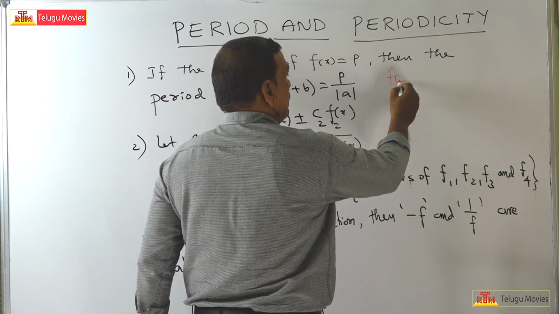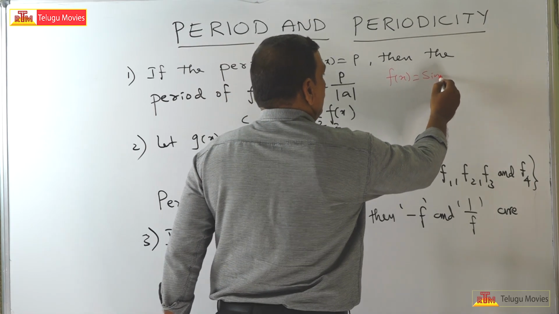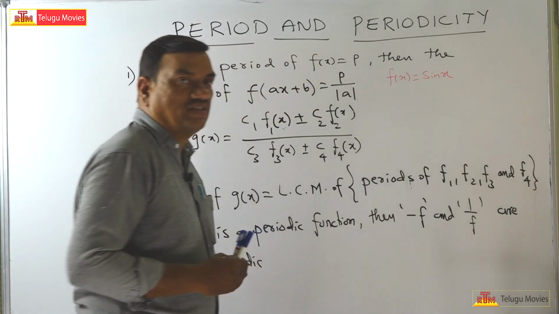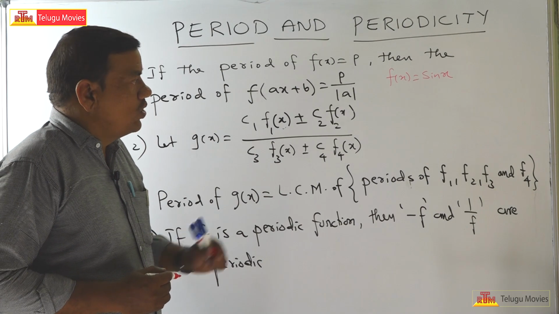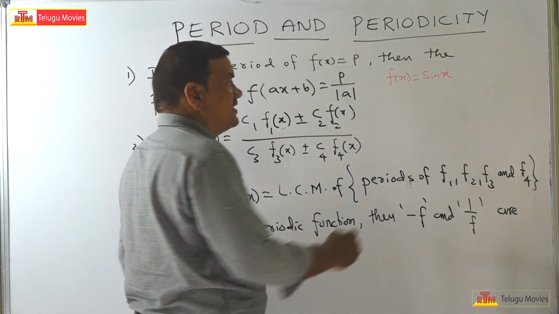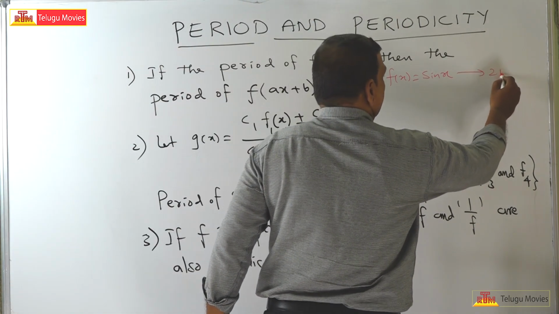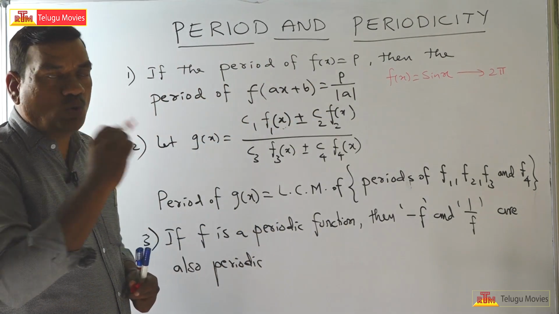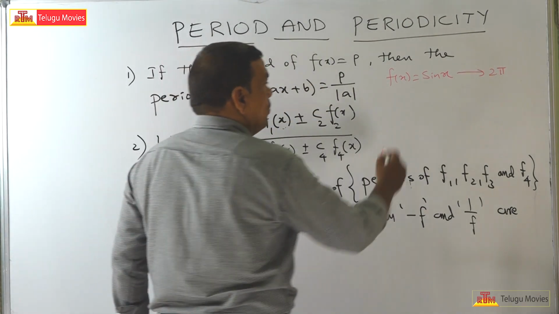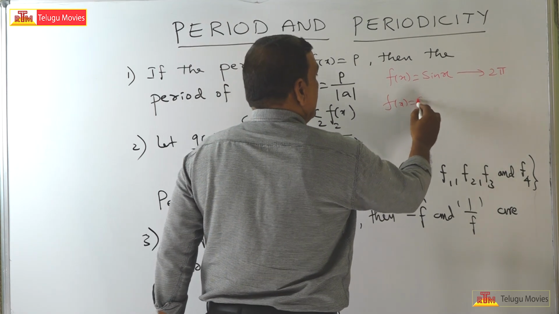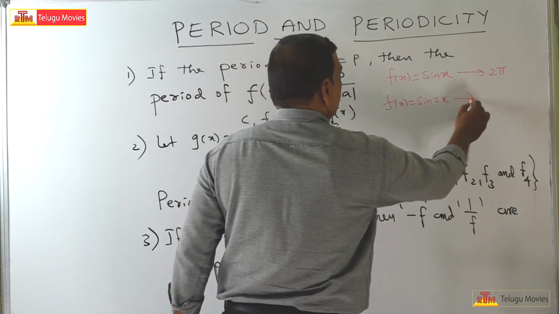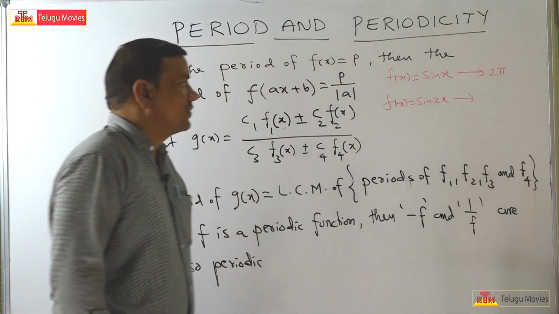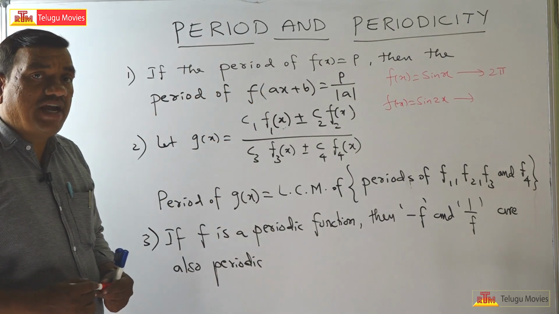For example, if f of x is equal to sin x, what is the period of sin x? As we already showed, 2 pi. Now, if another function is there, sin 2x, what is the period of sin 2x?